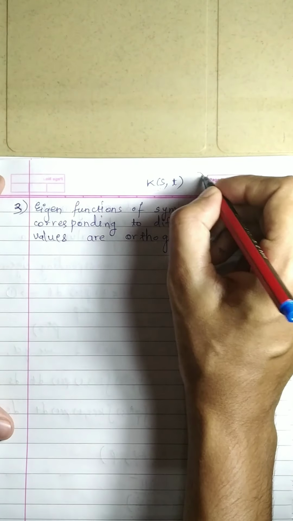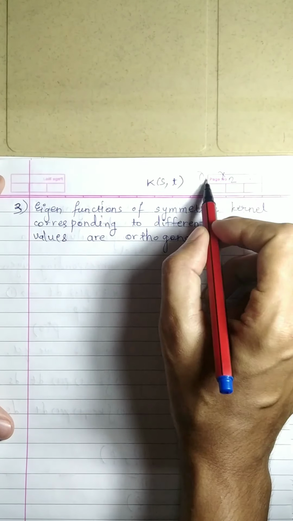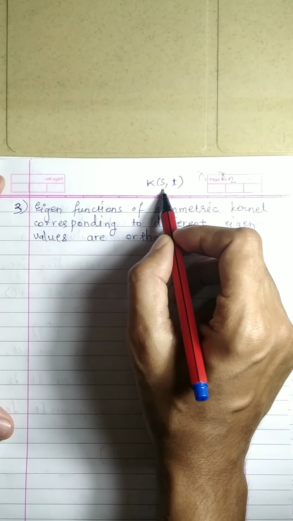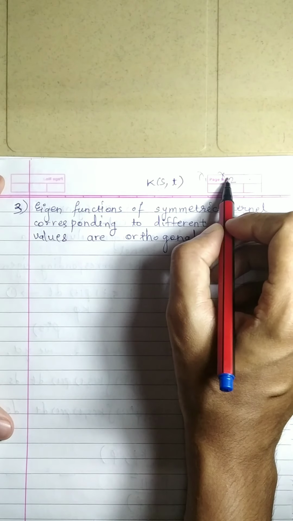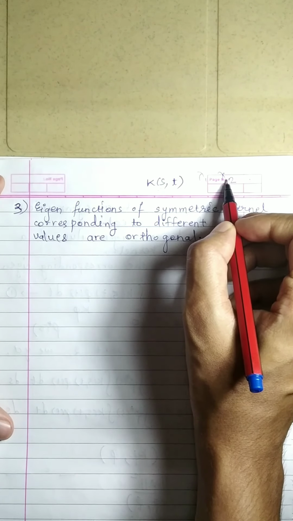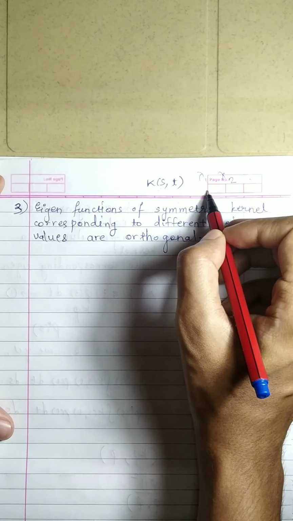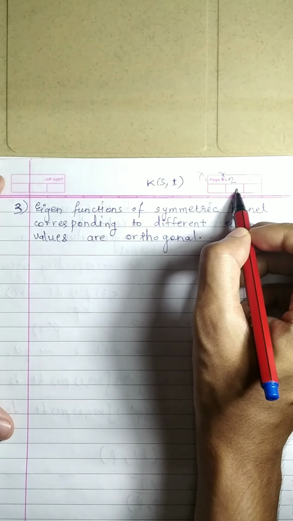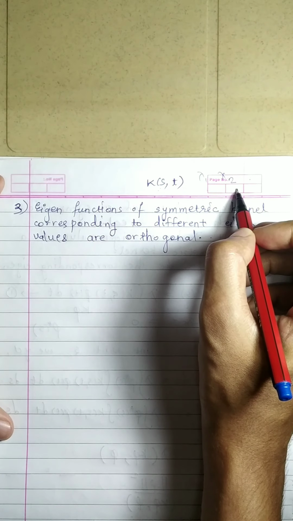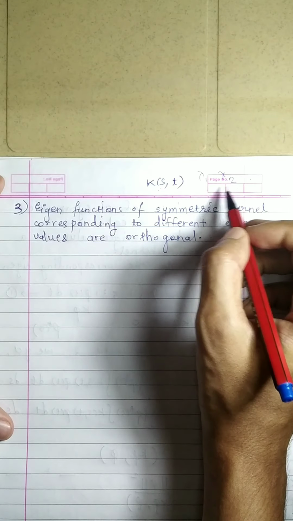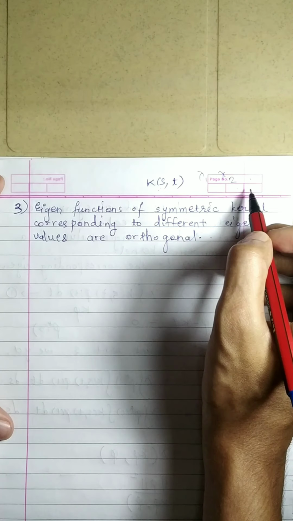So let us say lambda 1 and lambda 2 are the two distinct eigenvalues. Once we get the eigenvalues, we will get the corresponding eigenfunctions also. Corresponding to each we will get one eigenfunction. We want to show that those two eigenfunctions are orthogonal.